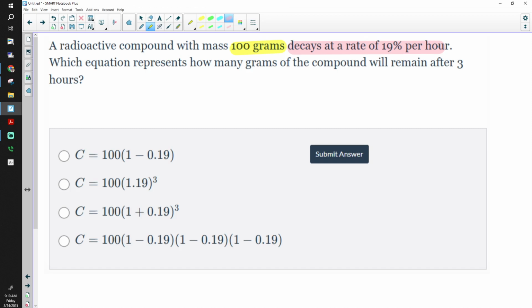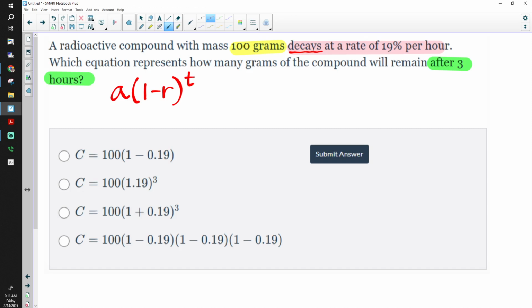Which equation represents how many grams of compound will remain after 3 hours? First thing we need to decide is, is this growth or is it decay? I see the word decay, so it must be decay. So my function is in the form A times 1 minus r to the t.